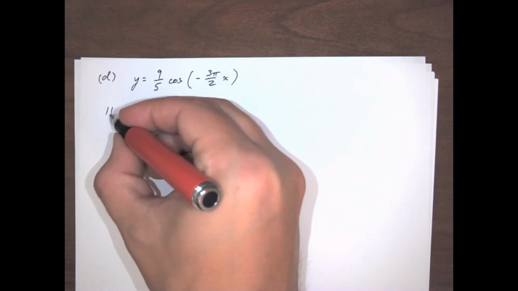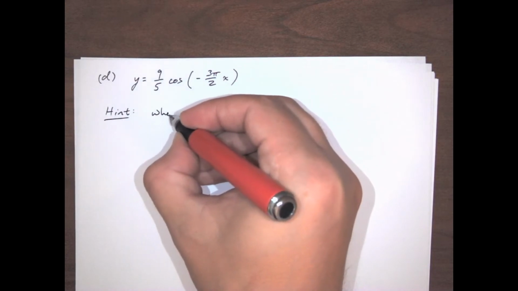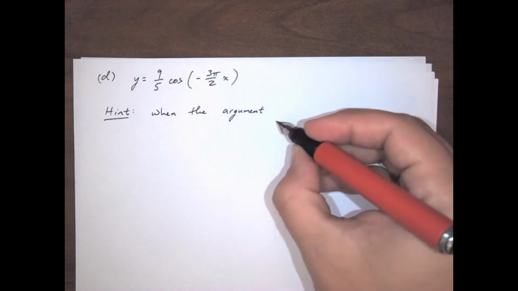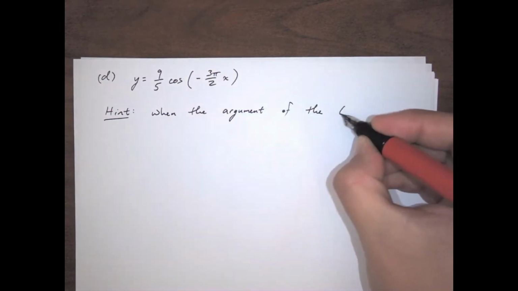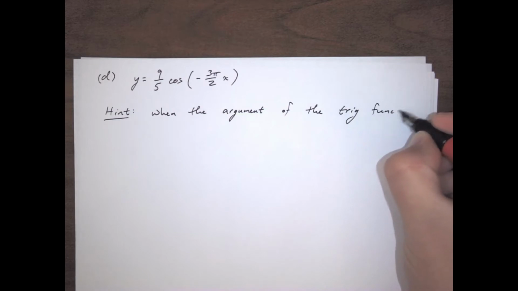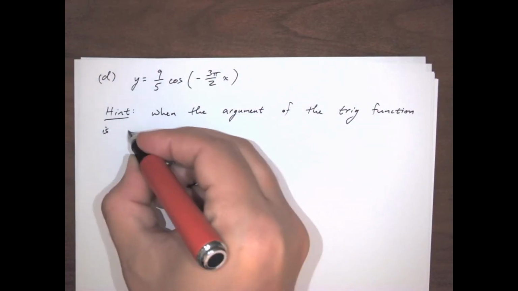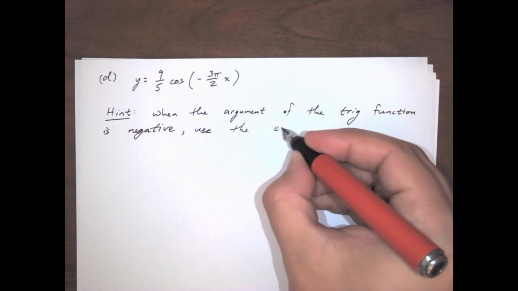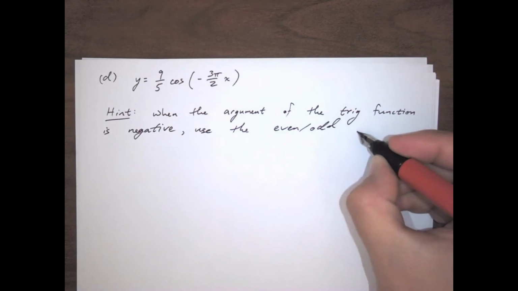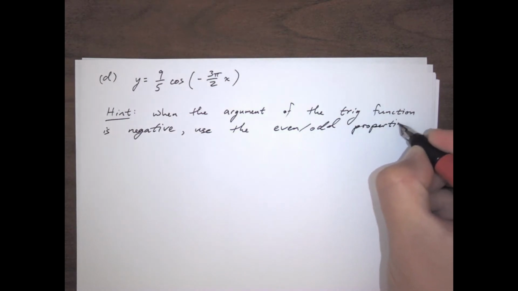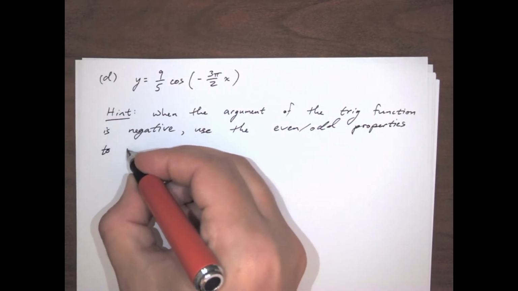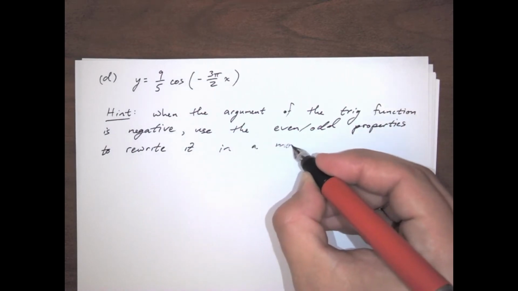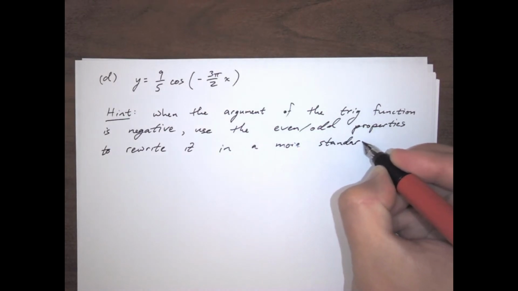Now here's a little hint for what to do on things like this. When the argument, that's the input, of the trig function is negative, use the even-odd properties to rewrite it in a more standard form.